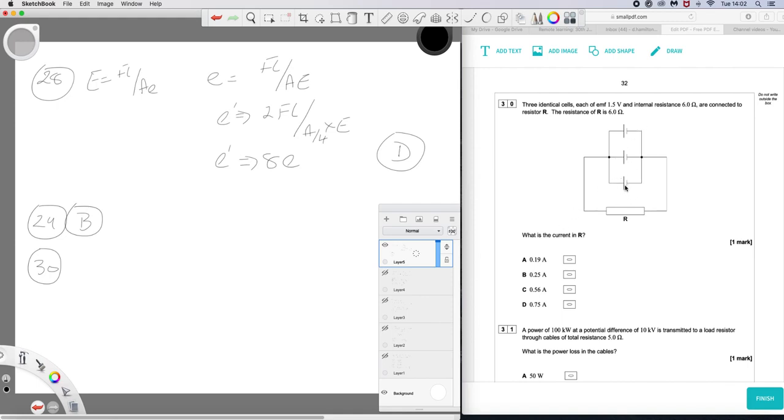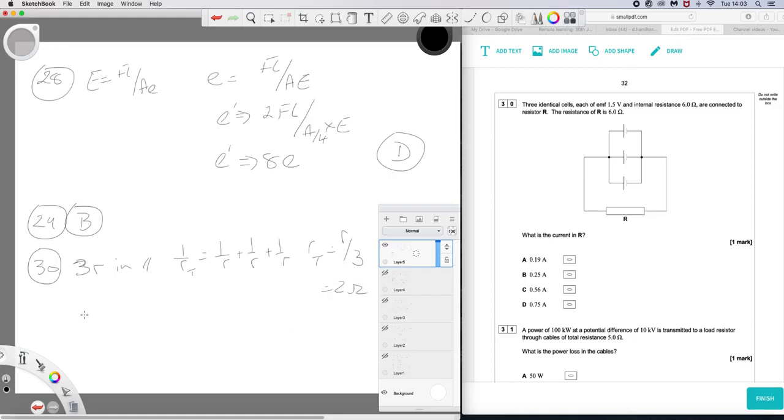Well, the current in R depends on the PD across these cells, which will be down to the internal resistances. So what you have is 3 internal resistances in parallel. So your total internal resistance would be 1 over R plus 1 over R plus 1 over R, so R over 3, which is 2 ohms.